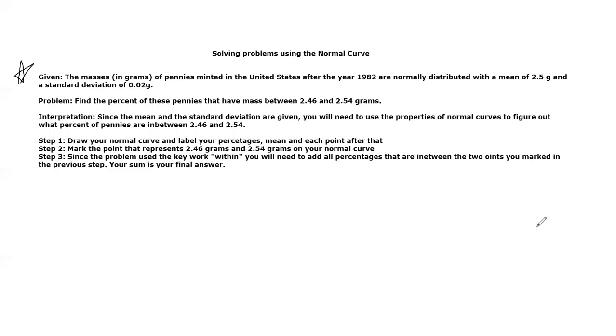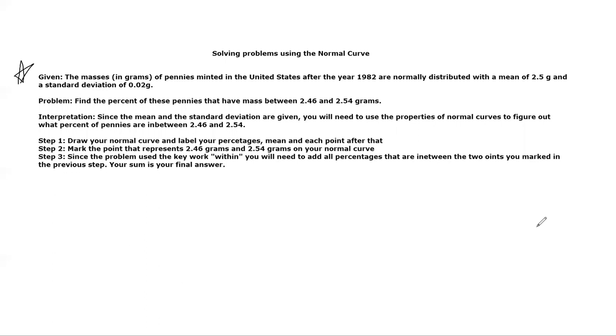Given, the masses in grams of pennies minted in the United States after the year 1982 are normally distributed. If they say that it's normally distributed, that means you can use the curve, and they want you to use the curve. With a mean of 2.5 grams and a standard deviation of 0.02 grams. All right. When they're making pennies, when they're minting them, sometimes there's mistakes. So not every penny weighs the same.